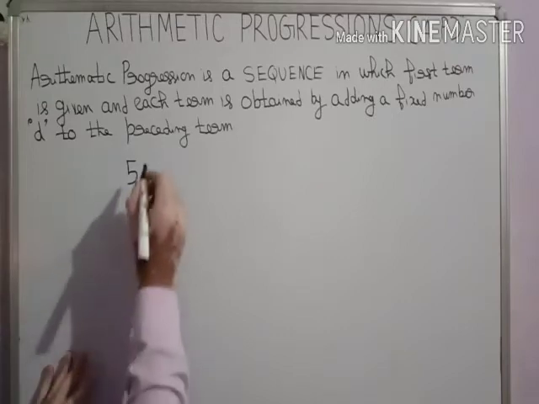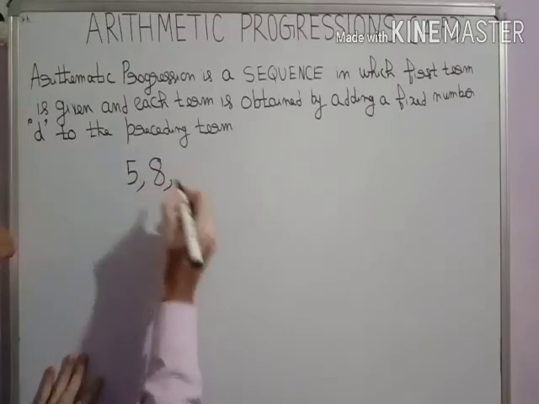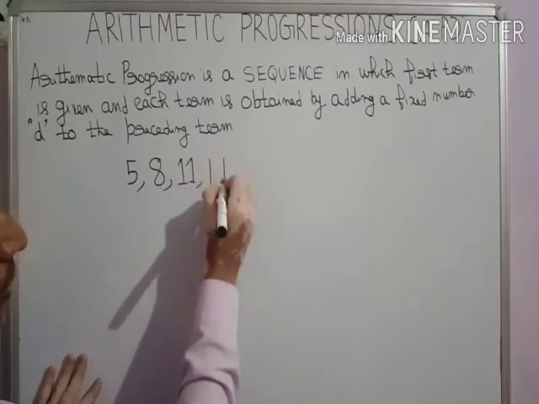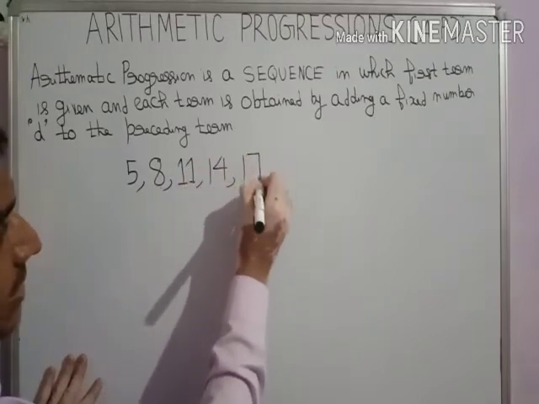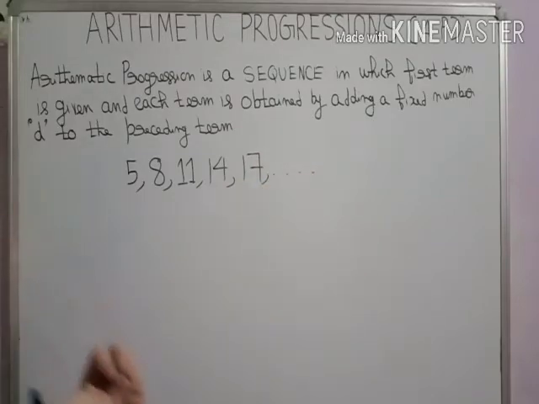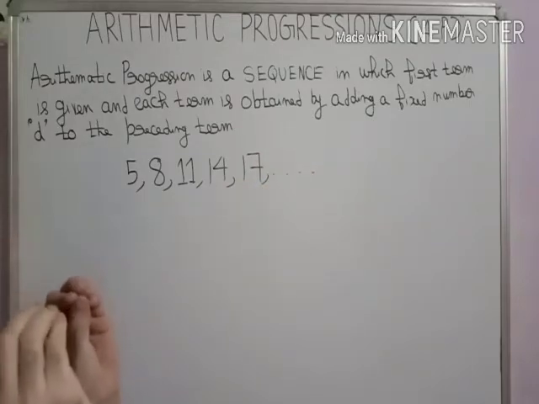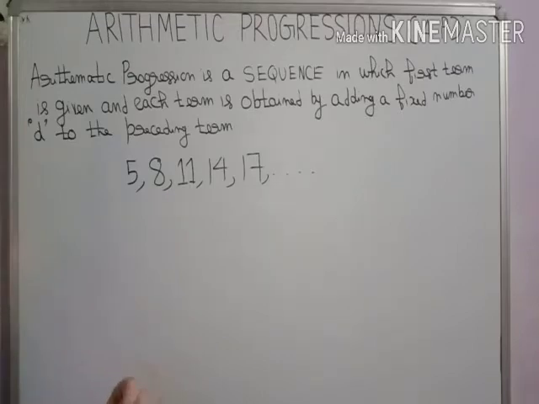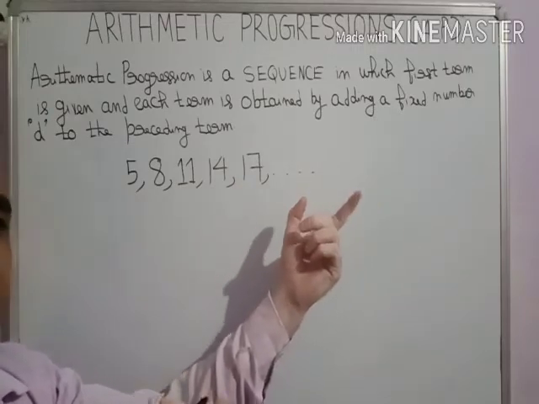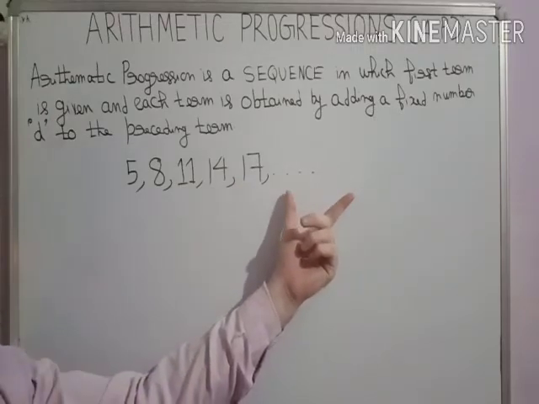So 5 plus 3 is 8, 8 plus 3 is 11, 11 plus 3 is 14, 14 plus 3 is 17, and it goes on. It means every time I am adding the same fixed number and obtaining the very next term, and it goes throughout this sequence, and this type of sequence is called an AP.